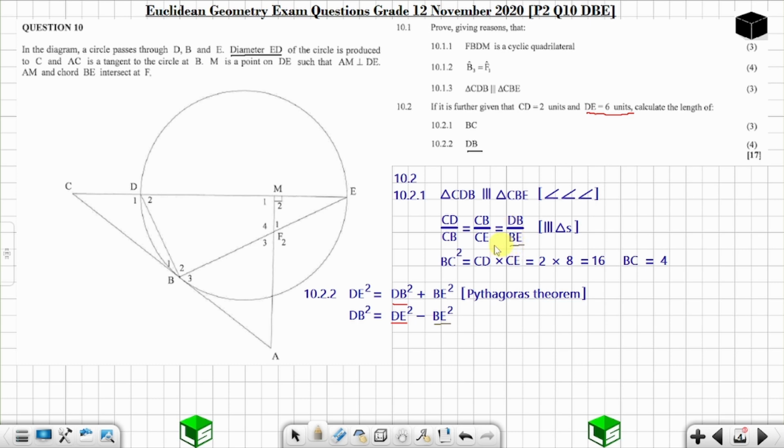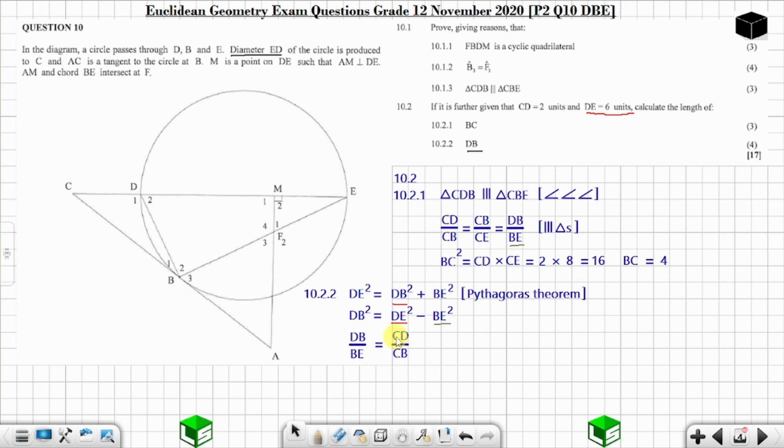So you have DB over BE is equal to, you can use this ratio or this ratio. Let's use this ratio, CD over CB.